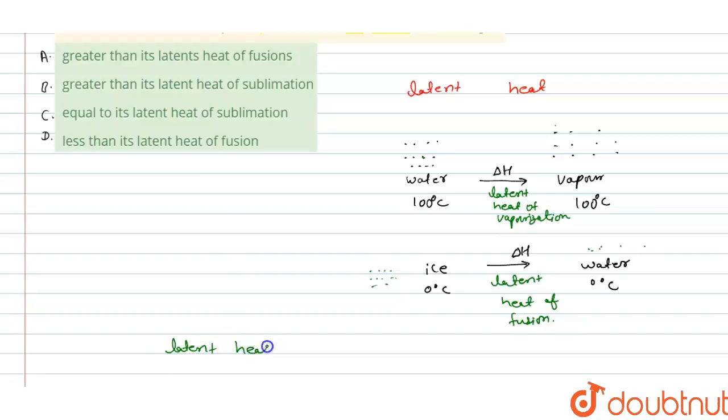Okay, so we can write here: latent heat of vaporization is greater than latent heat of fusion.